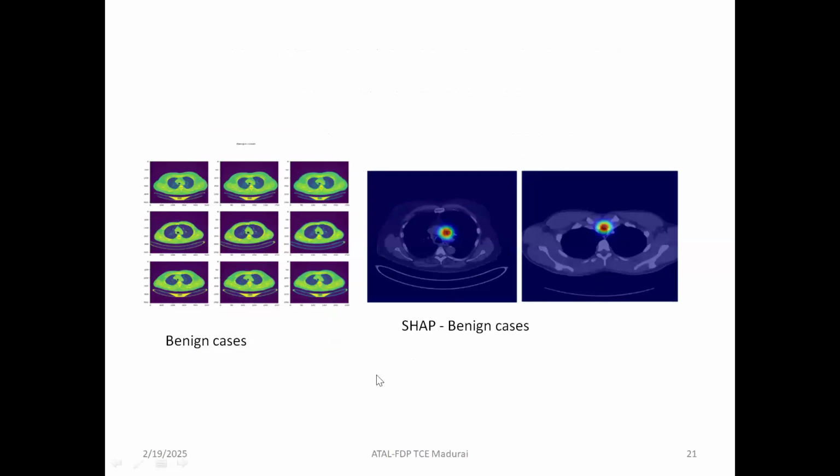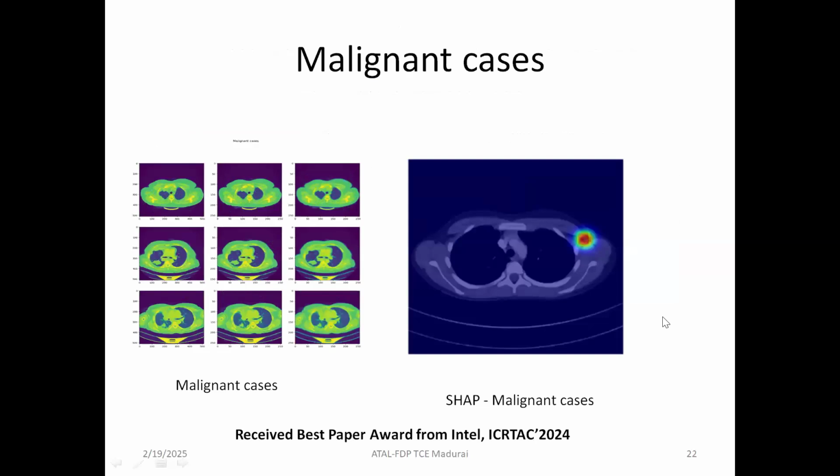These are the benign cases, where our XAI clearly defines the place where it gets infected, benign cases in the lung. And this is a malignant case. You can see the XAI highlights some color in the image that gives the right direction to clinicians or doctors before planning any surgery.